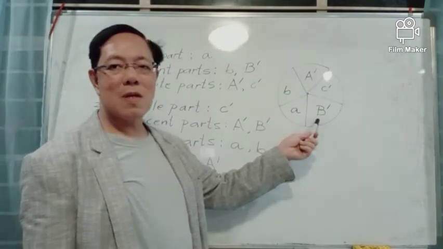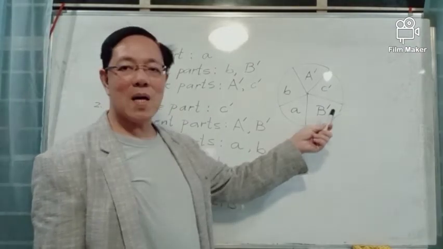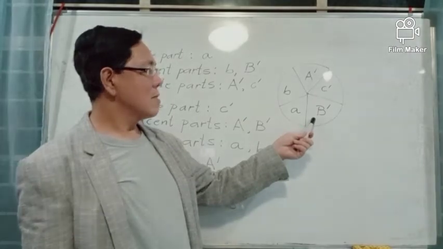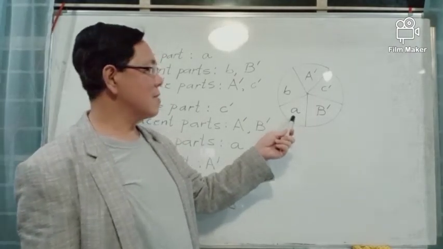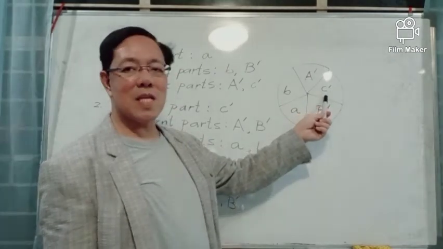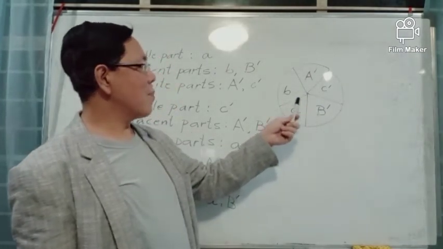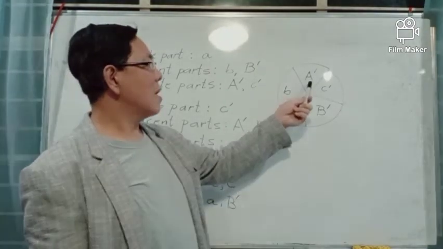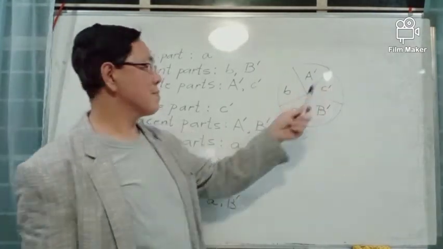If you choose B prime or complement of B as the middle part, the adjacent parts are side A and small c prime. And the opposite parts will be side B and angle A prime.